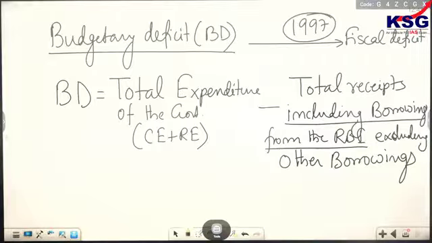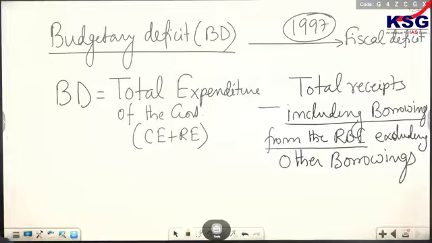Okay, full stop. Since borrowings from the RBI are not included in the receipts of the government in the fiscal deficit measure, the fiscal deficit is a better measure of deficit.